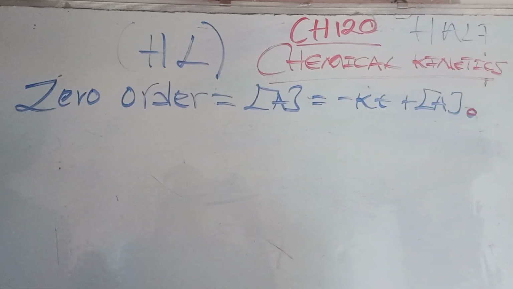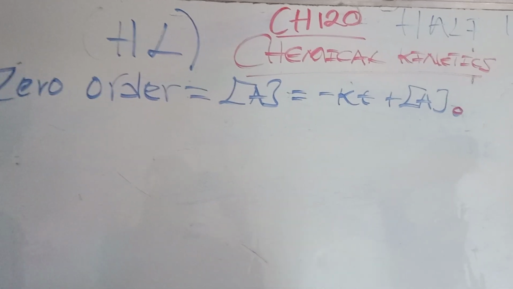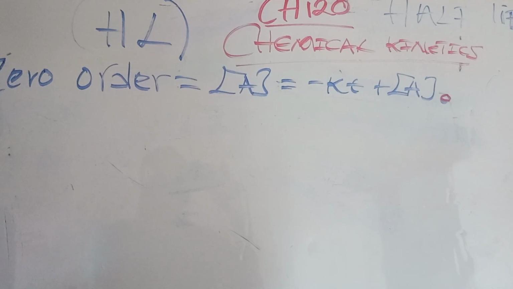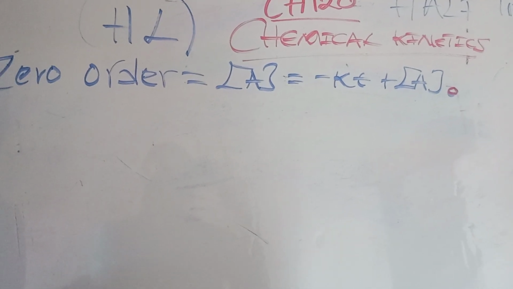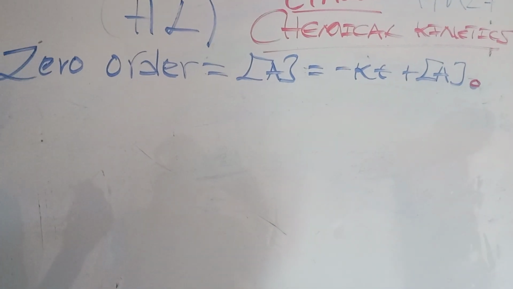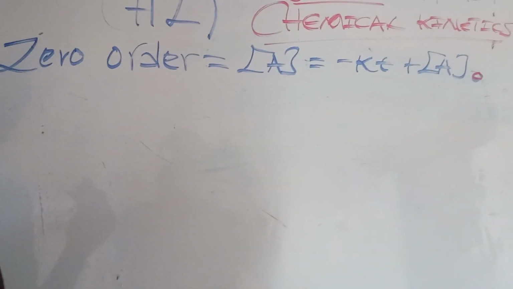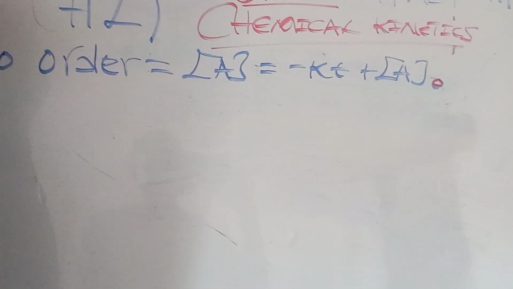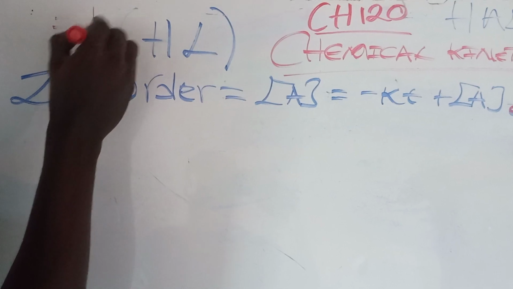We all know that half-life is the time taken for the concentration of the reactant to reach half of its original value. In this case, half-life can be expressed in the form of 1/2.